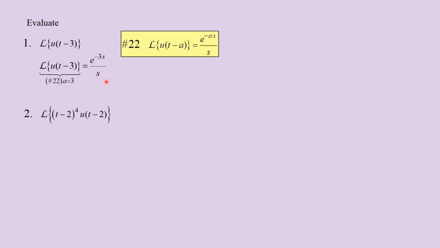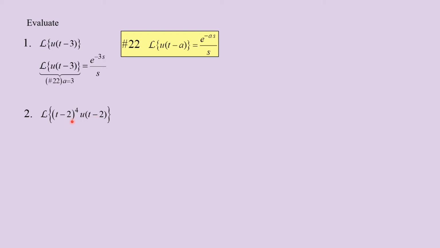Question number 2. The Laplace transform of (t minus 2) to the power of 4 u(t minus 2). Now look at the given function. Here is a fourth degree polynomial function, or we can say it is a quartic function. And this fourth degree polynomial function is expressed in terms of t minus 2, similar to the unit step function, also expressed in terms of t minus 2.